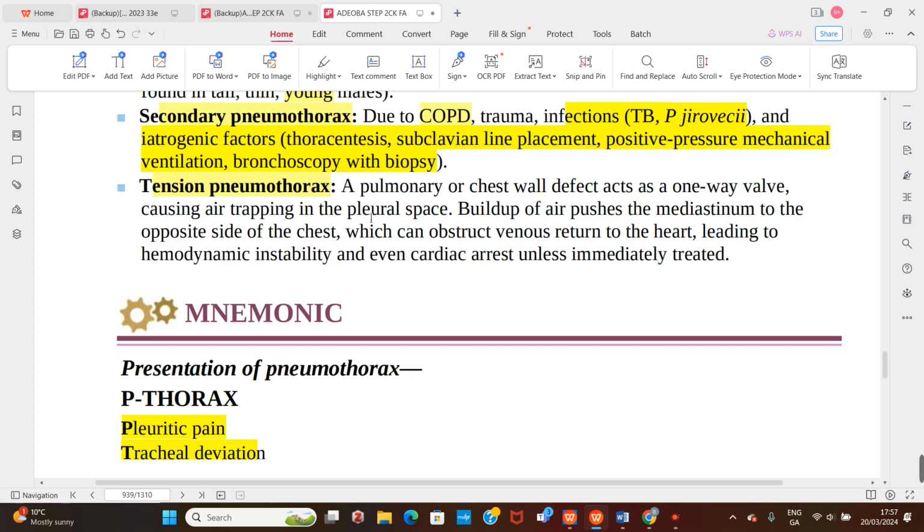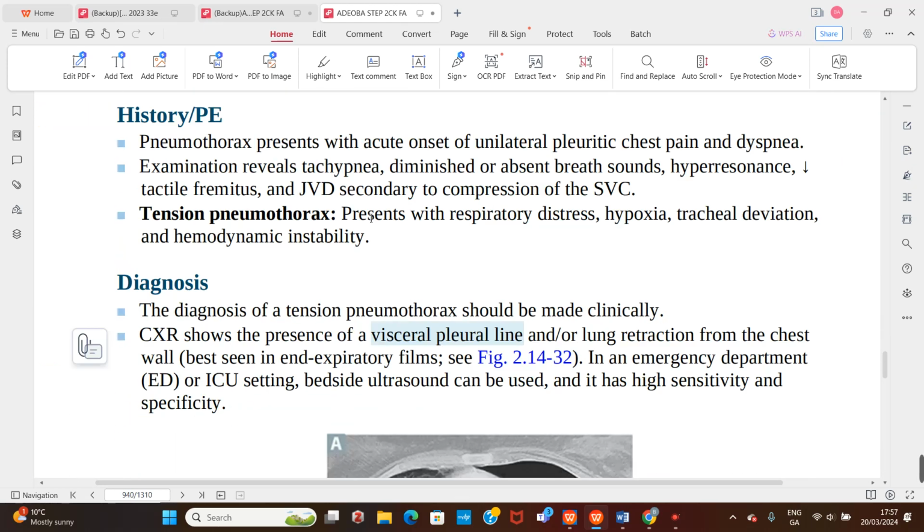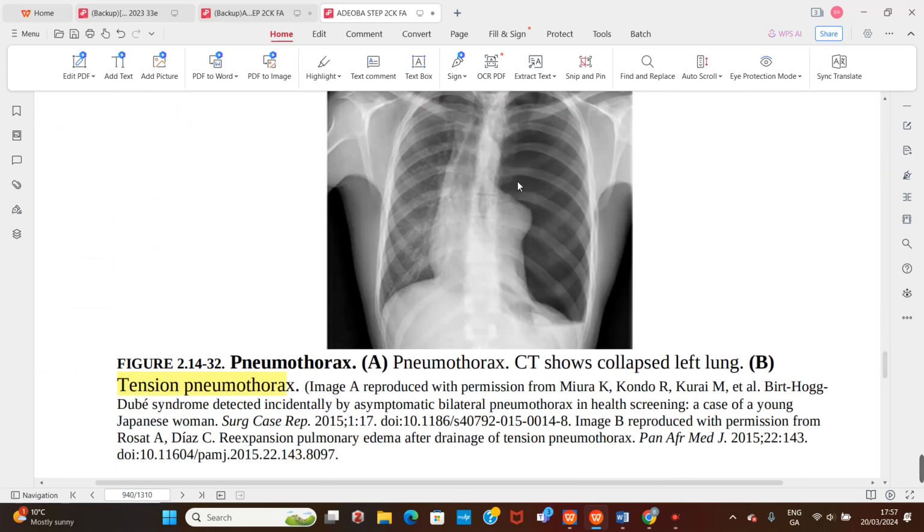When it compresses the lung tissue, you see that the lung tissue becomes small. It will look something like this. This is the remaining of the lung tissue for this person. What is here is the pleural cavity filled with air, making it hyperlucent, compressing on the lung. So that's why we can see this shape.